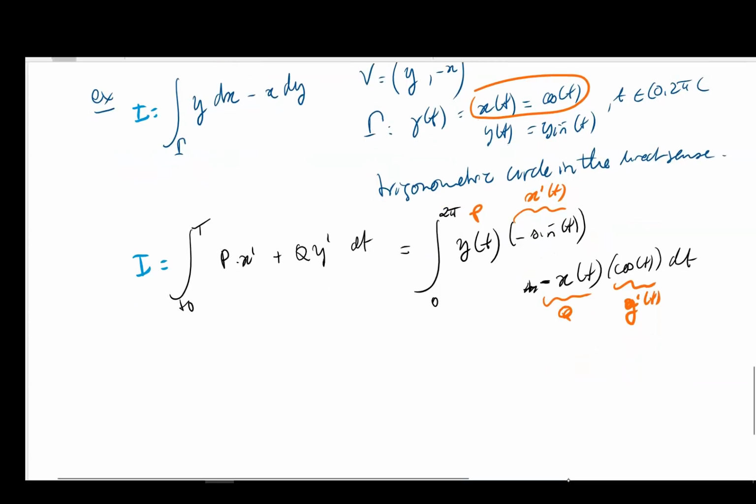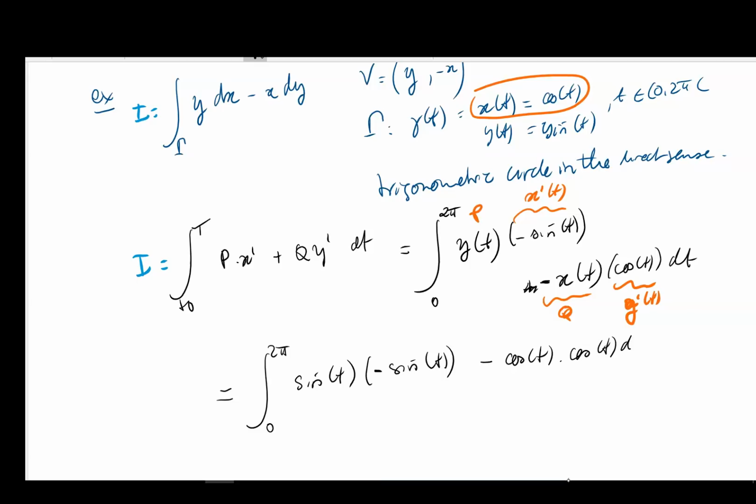So let's use that. Integral between 0 and 2 pi. y of t is sine of t. So sine of t times minus sine of t, minus x of t, which was cosine of t, so cos of t times the cos of t dt.